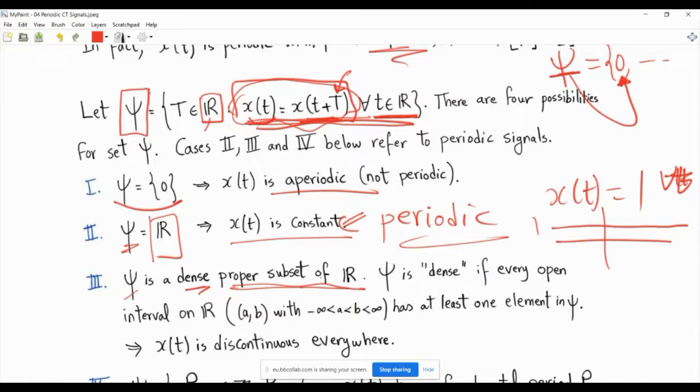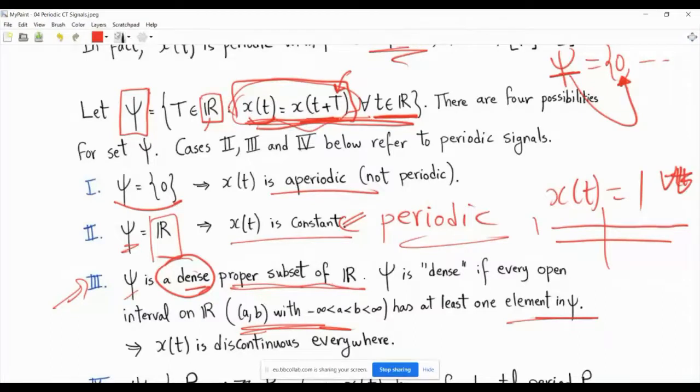But it should be a dense subset of R, like the set of rational numbers. A dense set is a set such that if you take any open interval on the real line, you will have at least one element in the set. So this is the third possibility, which is that psi is a dense proper subset of R.